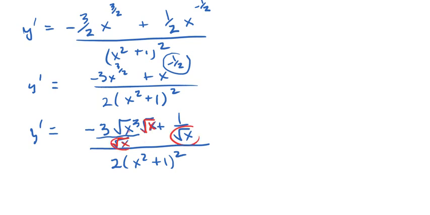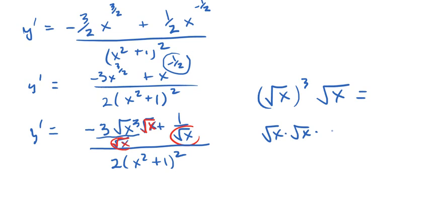So if I have root x all cubed and I multiply another root x, what do I have? X squared? If I have root x times a root x times a root x, that's what root x cubed is, times another root x, what's that?